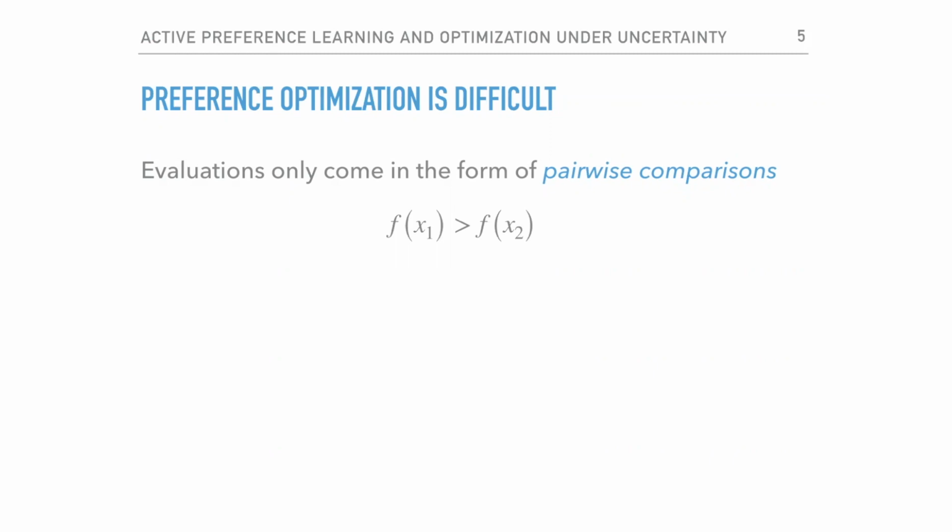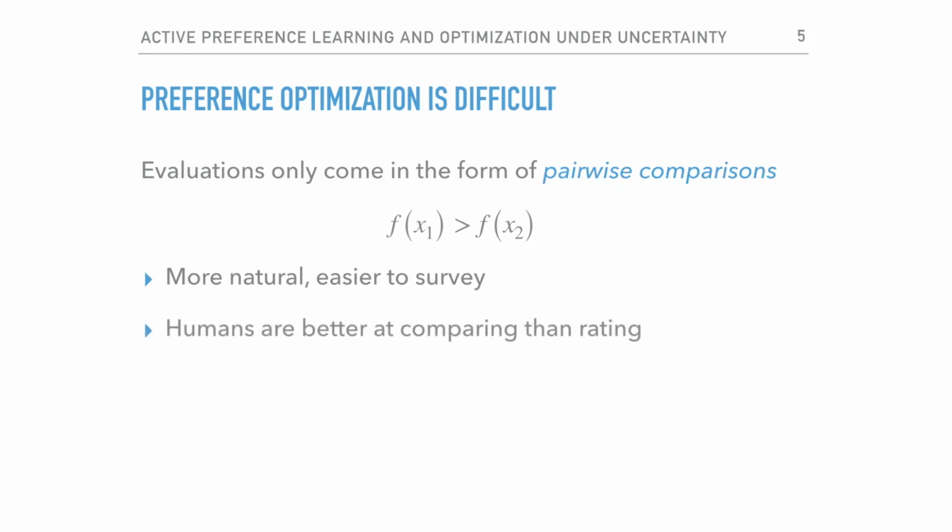So in this example, if they're presented with two products, X1 and X2 in the domain, then if they prefer X1 over X2, they would say f of X1 is greater than f of X2. We see that this pairwise comparison data is more natural and easier to survey than real value ratings. And indeed, research has shown that humans are way better at comparing items rather than rating them on a scale.